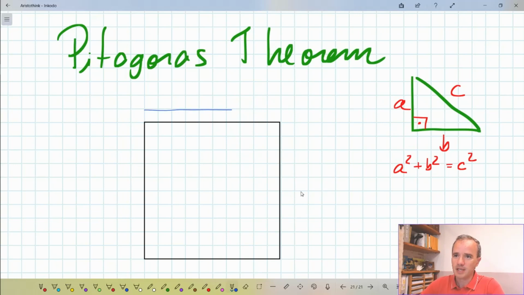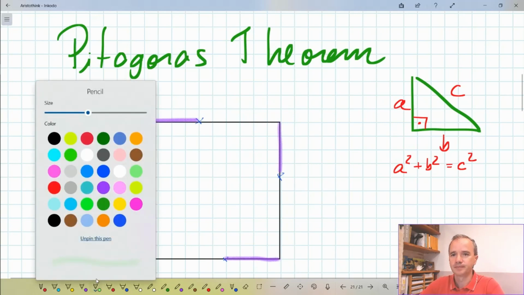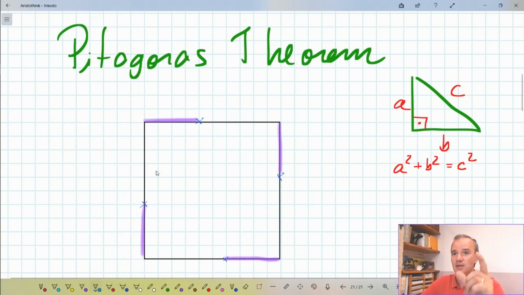Now, take this square of length 10. So we have 10 squares along each side. And then we're going to make, for instance, every 4, 1, 2, 3, 4, I'm going to create a point, and let's call this A. The purple is going to be A. The length of this segment is going to be 4.